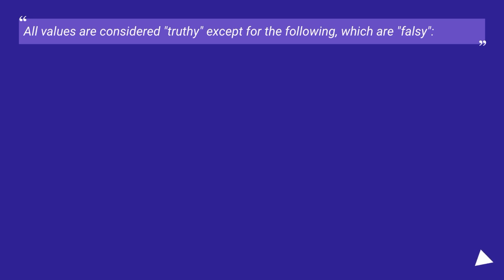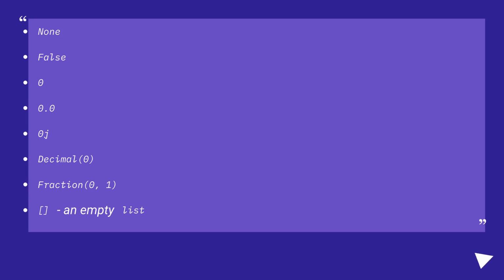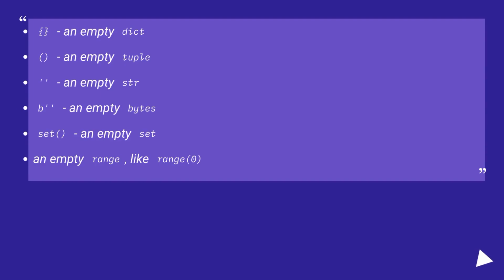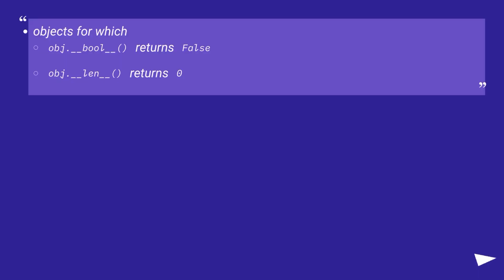All values are considered truthy except for the following, which are falsy: None, False, 0, 0.0, 0j, Decimal(0), Fraction(0, 1), an empty list, an empty dict, an empty tuple, an empty str, an empty bytes, an empty set, an empty range like range(0), and objects for which obj.__bool__ returns False or obj.__len__ returns 0.